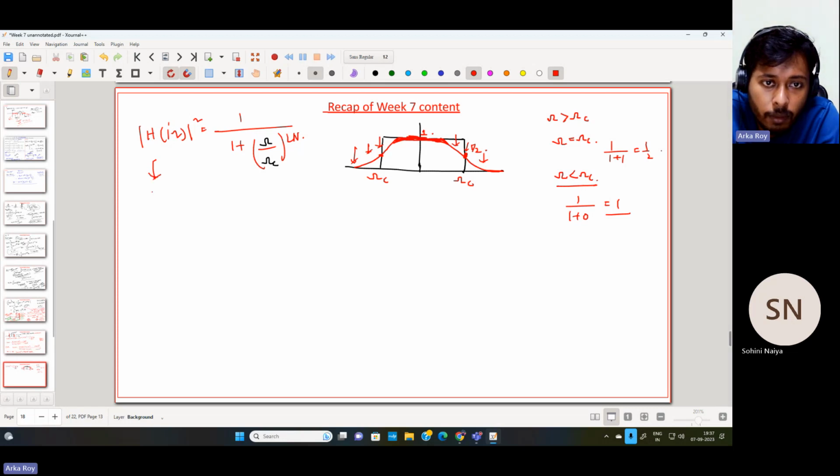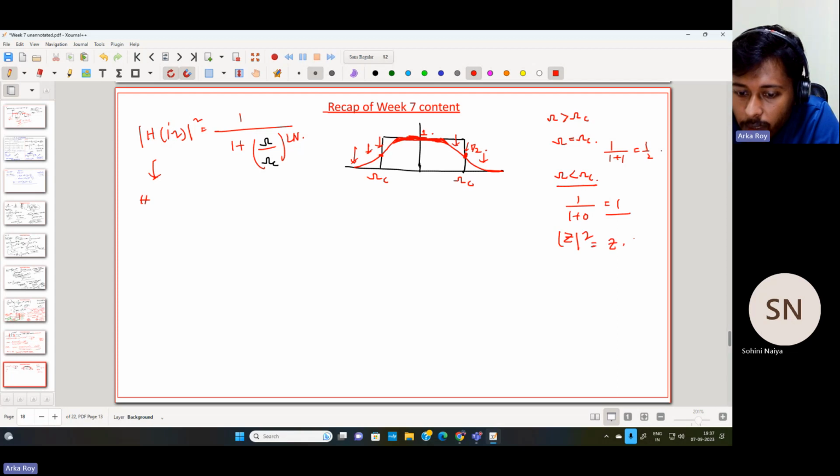So this I can write as: mod z squared is z multiplied with z star.